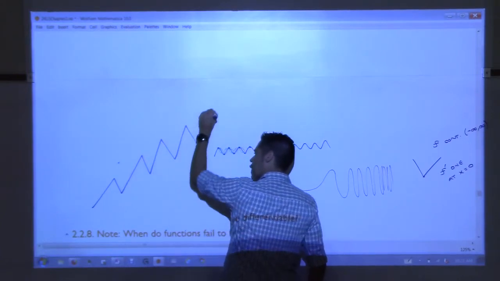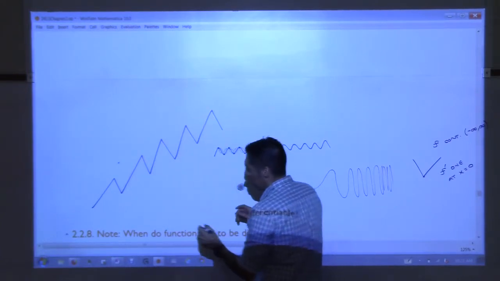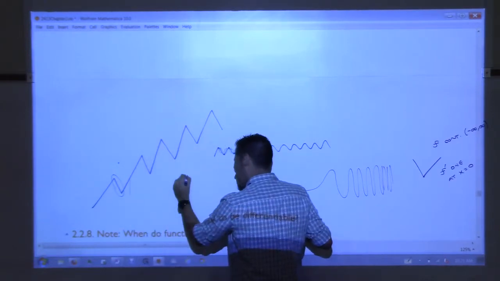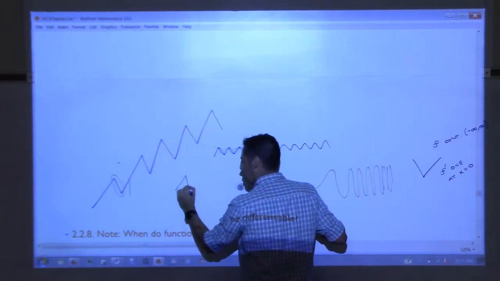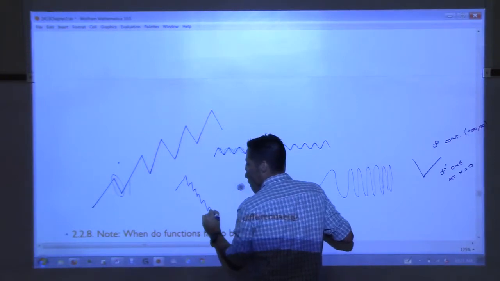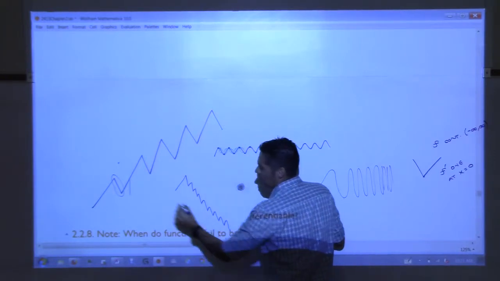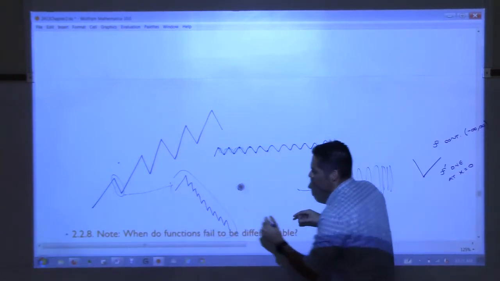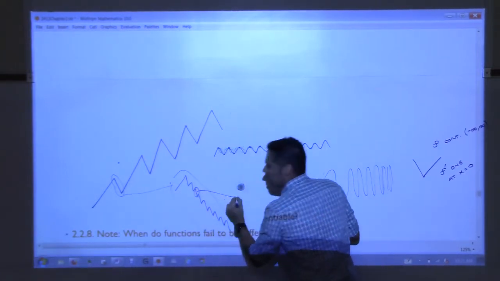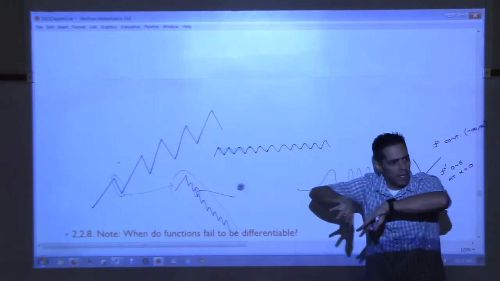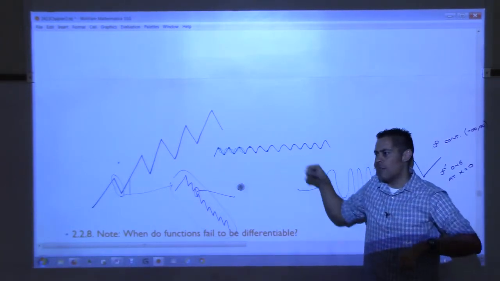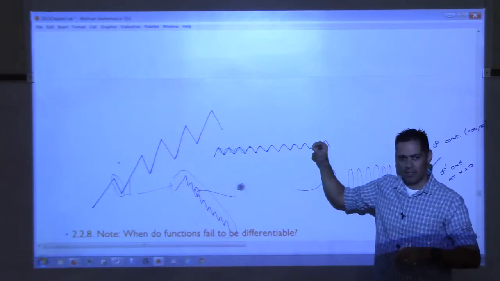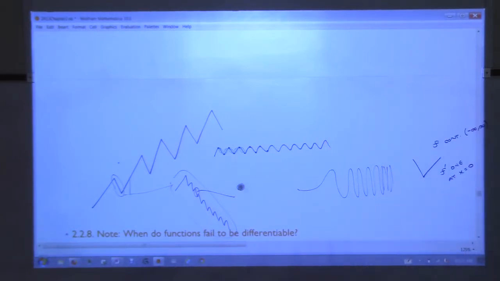And then if you zoom in on one little section like this, it would look like this. That's this zoomed in, understand? And if you zoom in on one of these, it's the same thing. And you can keep zooming forever. It's an infinite number of little serrations on this graph. Y'all want to see it? Okay.